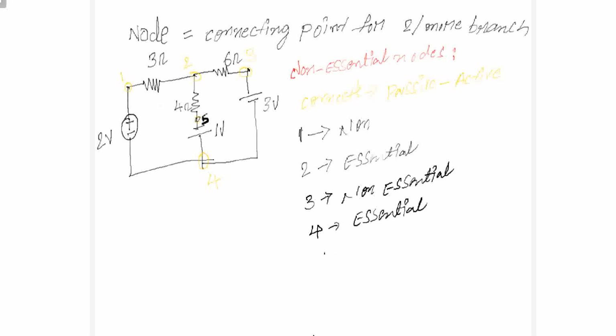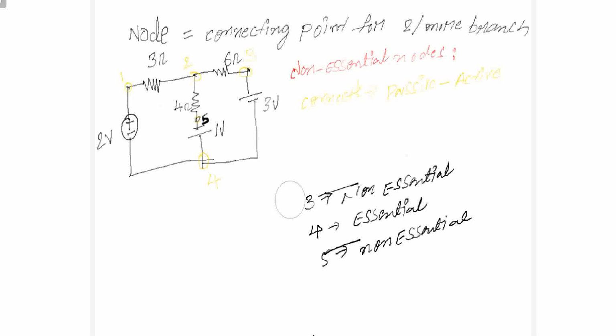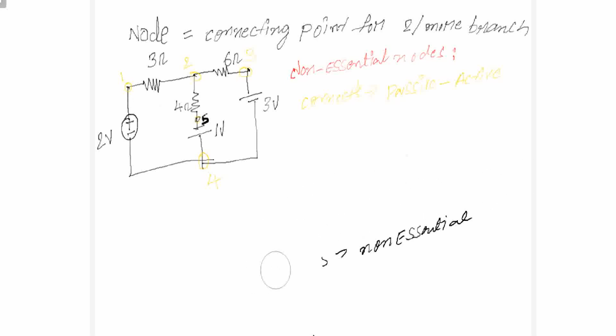And the fifth one is non-essential. So eliminate the first, eliminate the third and eliminate the fifth. So how many essential nodes are there? Only 2.